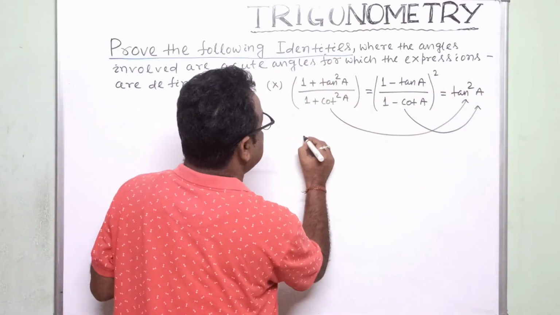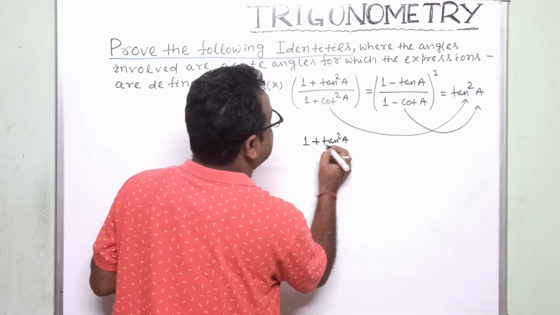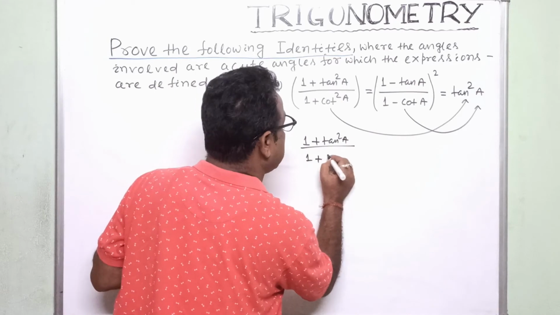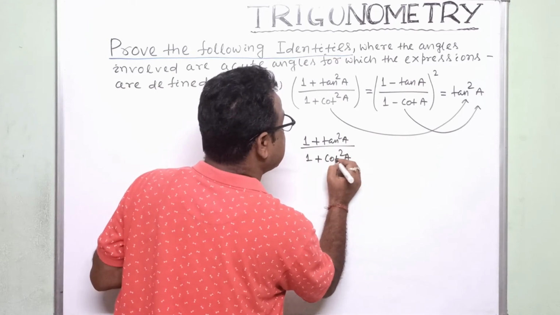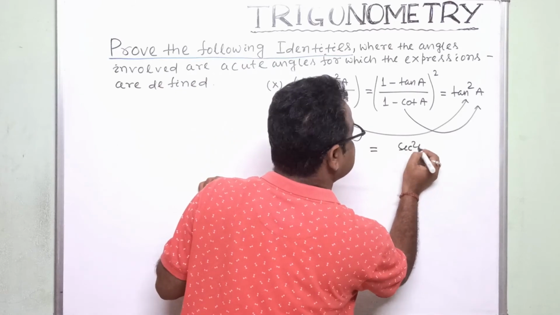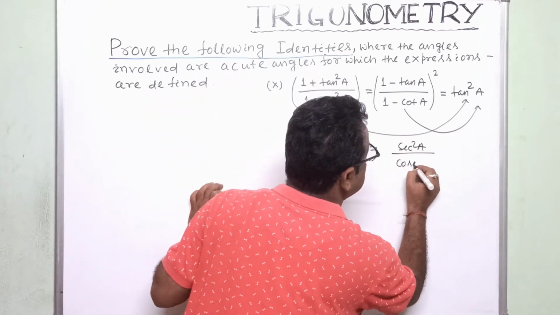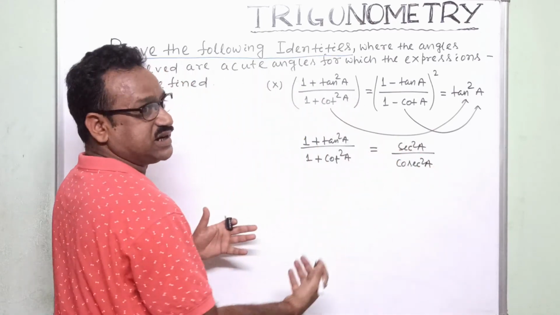So now take 1 plus tan square A by 1 plus cot square A. That is equal to your 1 plus tan square A, which is your sec square A, by 1 plus cot square A, which is equal to your cosec square A using the identity.